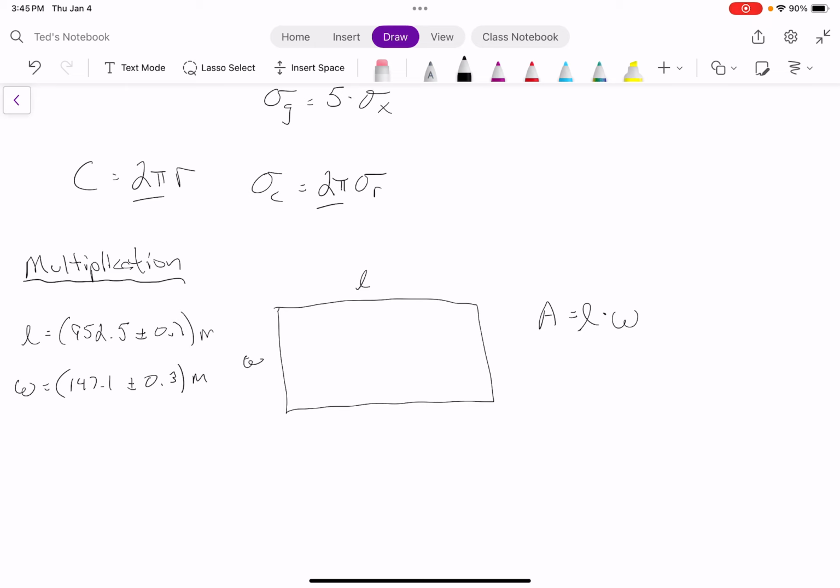Now again, to get the area, we just do the math as if there was no uncertainty. So the area itself, the value for our answer, is going to be 952.5 times 147.1. So the area is going to be 140,113 square meters.